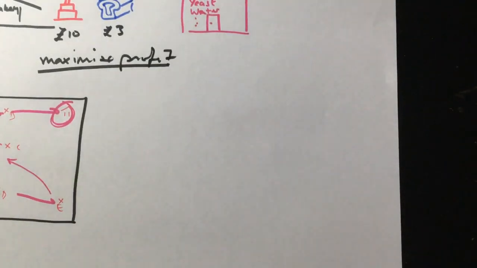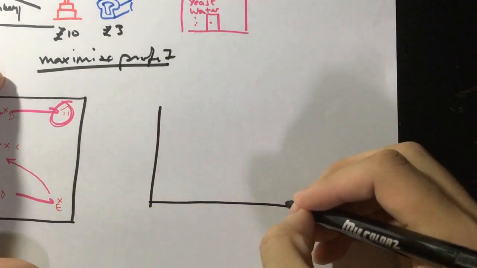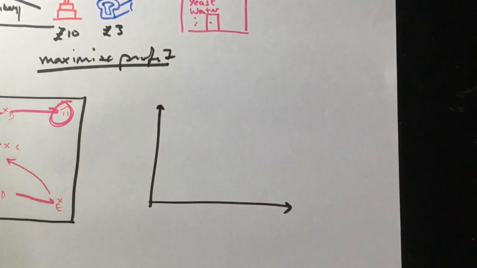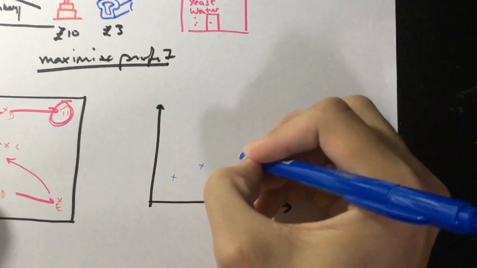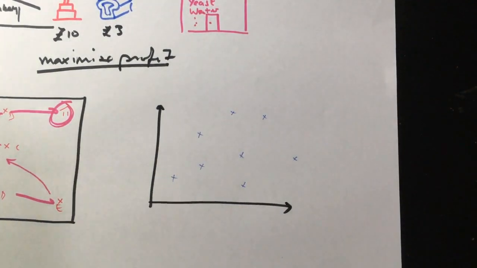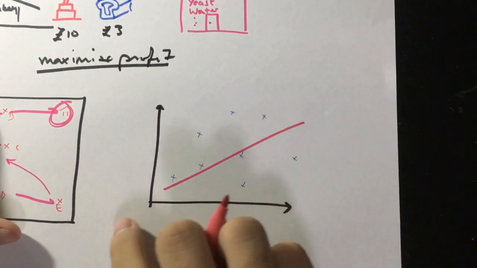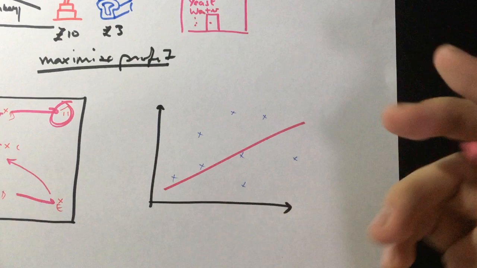There are also other problems that you can phrase as an optimization problem, which are a bit more scientific. So if you think about a problem of having a graph, you have some data points, and maybe you're plotting some data and you want to find the best fit line, right? So you want to find which line describes the points linearly in the best fashion.